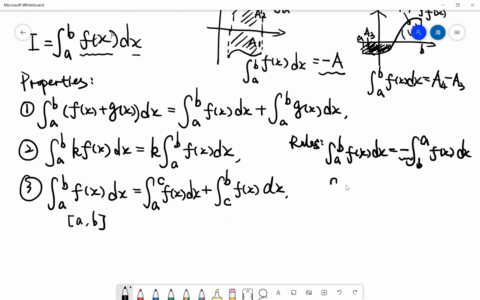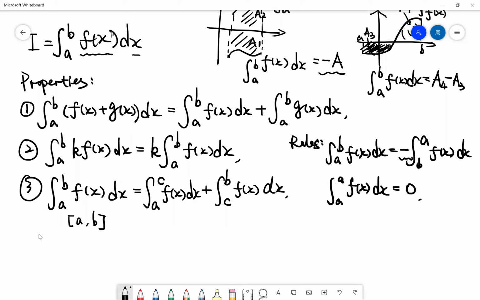And if the lower limit and the upper limit are the same, here from a to a, we say that equals 0. And here are the things we have learned last week.